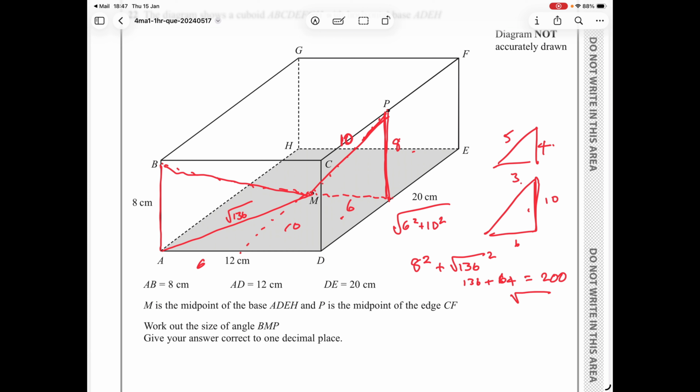So the square root of 200 is this one here, or 10 root 2. Now, if I redraw this, there's that there, and then there's that there. I'm trying to find that, aren't I? There's that, so that's 10. That's root 200.